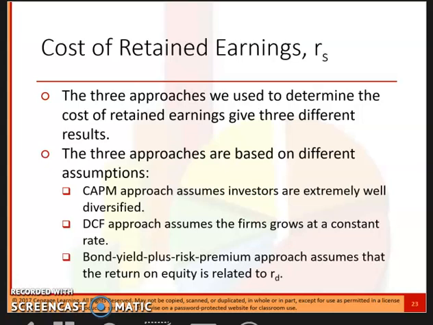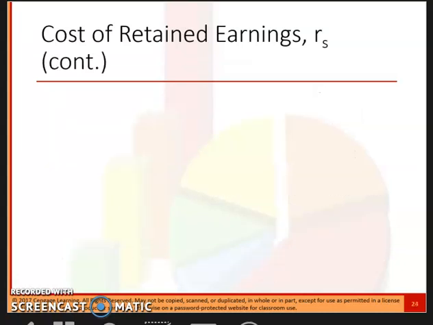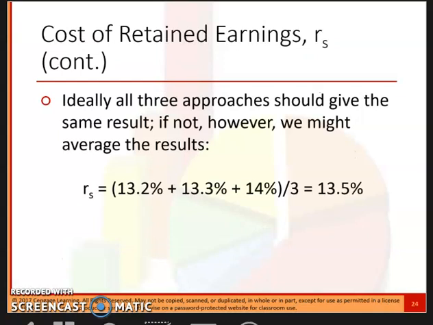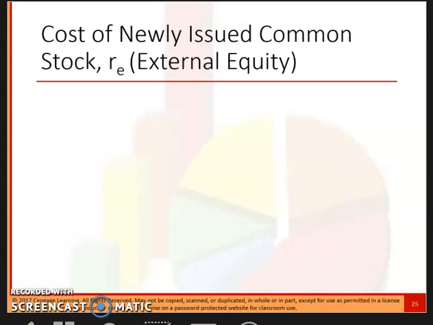The bond yield plus premium approach assumes that return on equity is related to the cost of debt. So ideally, all 3 approaches should give the same result, but that's not likely to be the case. So some firms potentially could average the result. They just add up the 3 results and divide by 3.